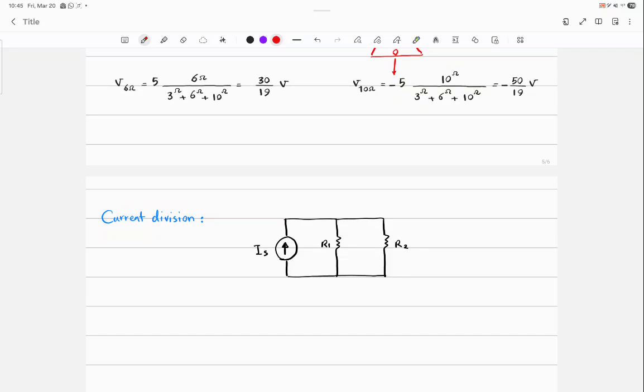Okay, so let's go for current division and see what we can say about that.